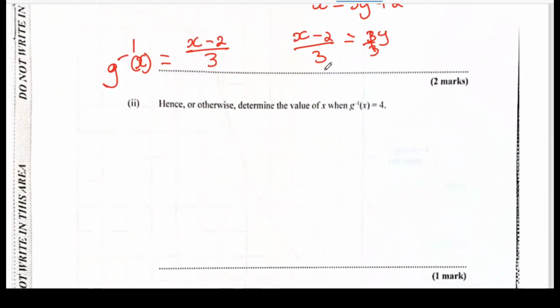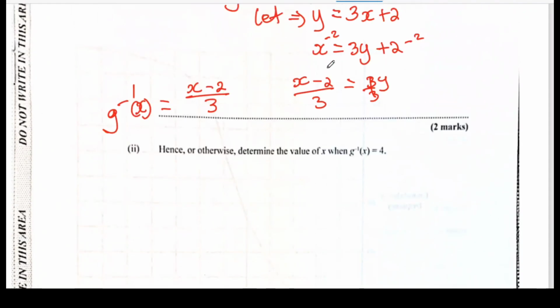It says hence or otherwise, determine the value of x when the inverse of g of x equals 4. All right, so we have an expression for the inverse of g of x. See it here?